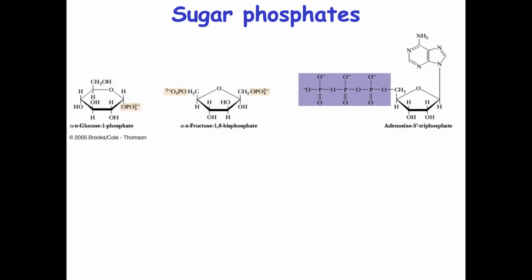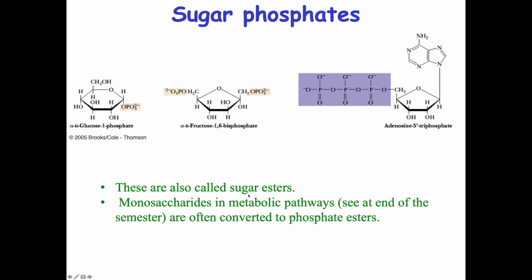So you should be able to tell me that something is a sugar phosphate. Here are a couple of examples of sugar phosphates. They're also called sugar esters. They are monosaccharides in metabolic pathways, and we'll talk about a lot of that in the future when we look at metabolism.